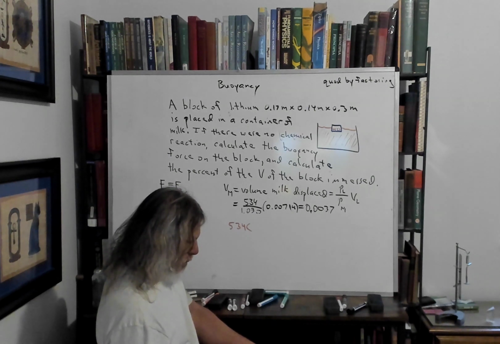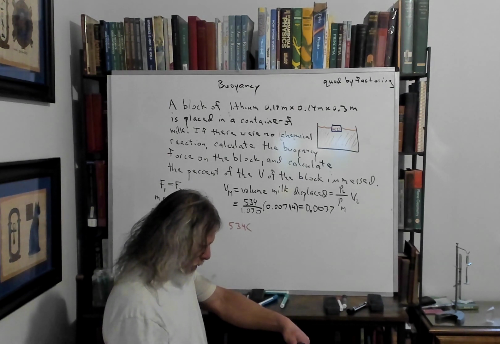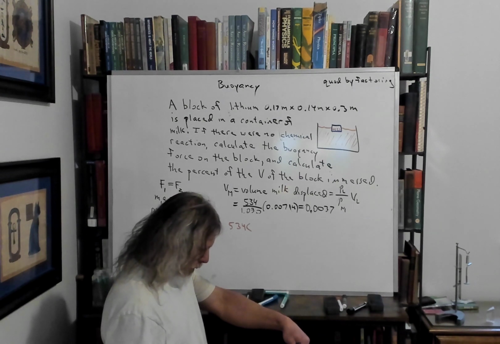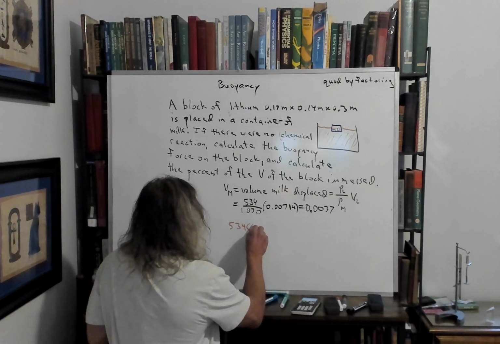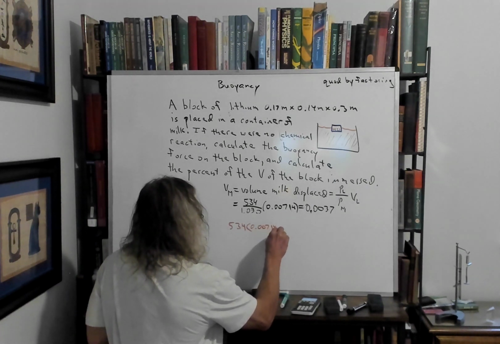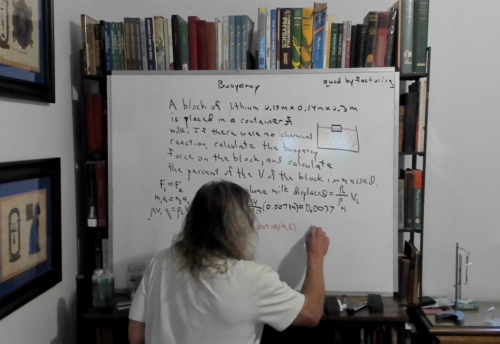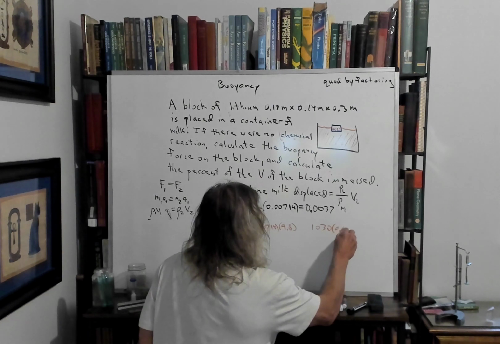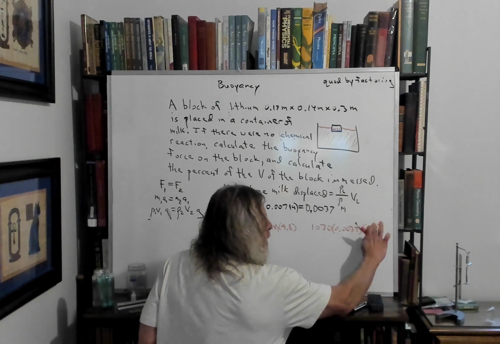Where'd it go? 0.17, clear, craziness, 0.17 times 0.14 times 0.3, yeah, 0.0714, right there. Should have remembered that. Times 9.8, and that should equal density of milk, volume displaced, acceleration due to gravity, should be the same thing.